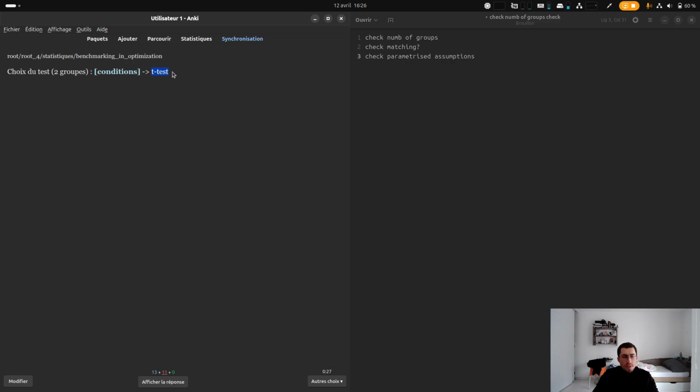Anyway, so yeah, t-test: parameterized and non-paired. Independence: when you repeat the runs for statistical significance, one run is not influenced by the previous one.